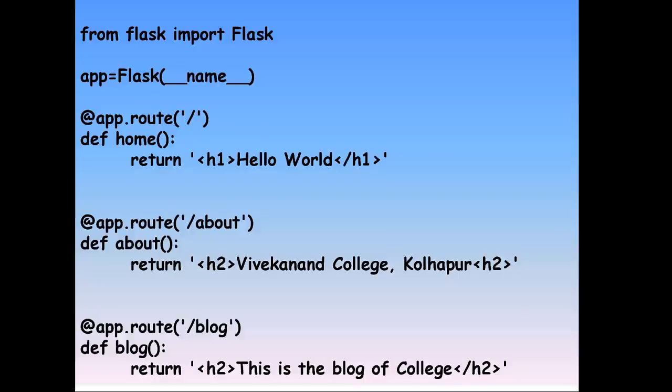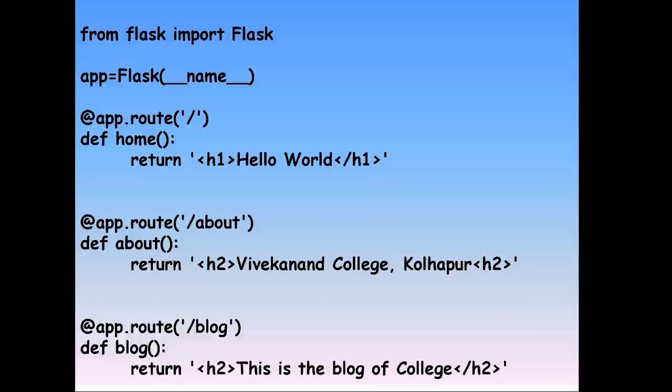Next, another function is there, that is the blog function, and this blog function is associated with the URL slash blog. And what are the contents here? This is blog of college. So this example includes three different functions which are associated with three different URLs.